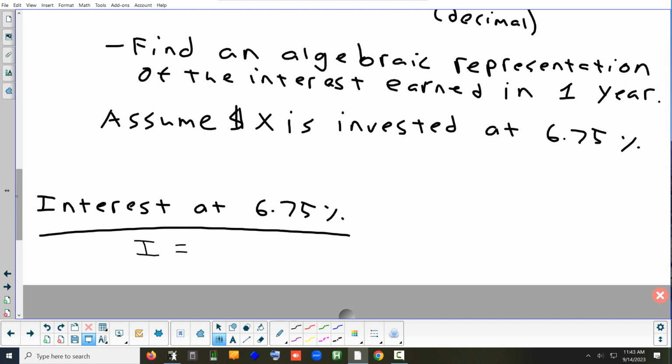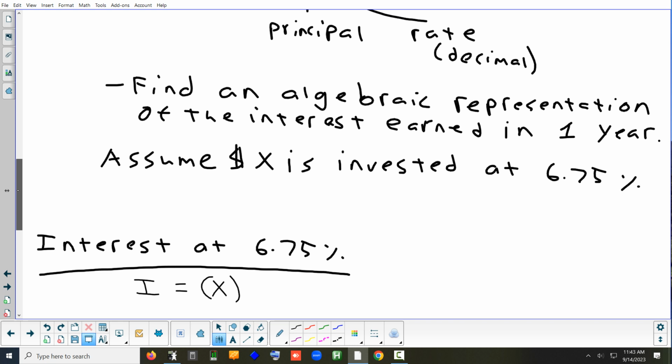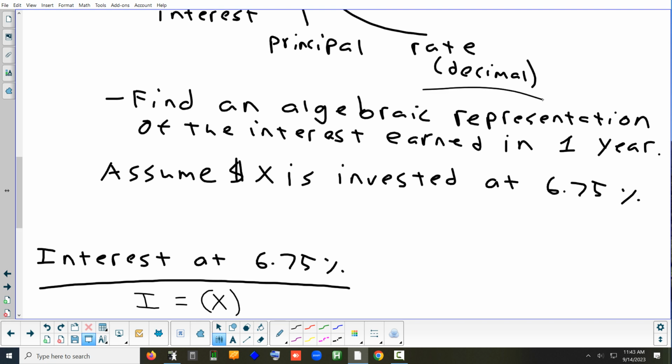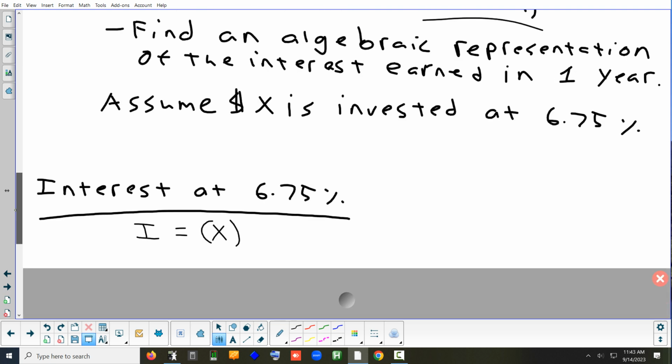We don't know a number, but we do have a representation for it. X. So X dollars is the principal. What's the rate of 6.75%? 0.0675, yes.